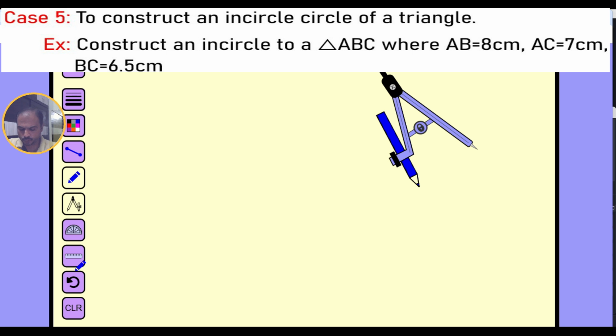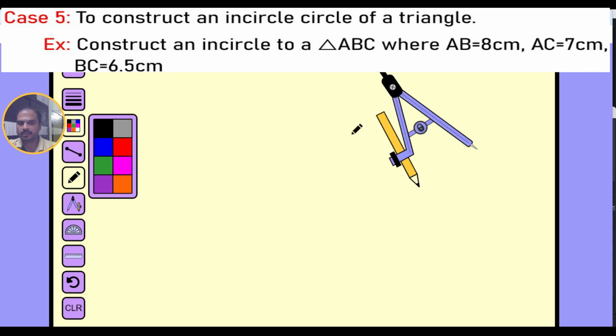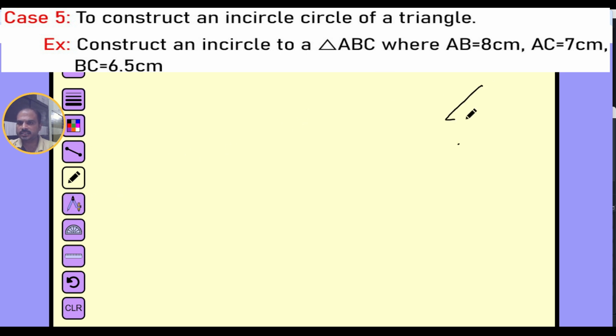Case number 5: to construct an incircle to a given triangle. Just like the previous case, I'll construct the triangle first. I'll draw the rough diagram of the required triangle, children. AB is equal to 8 centimeter, AC is equal to 7 centimeter, and BC is equal to 6.5 centimeter.